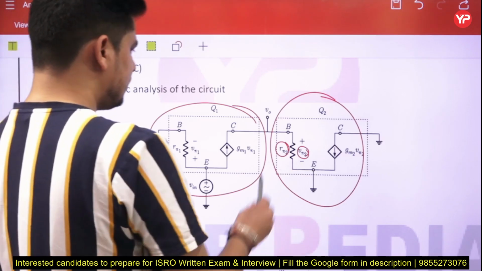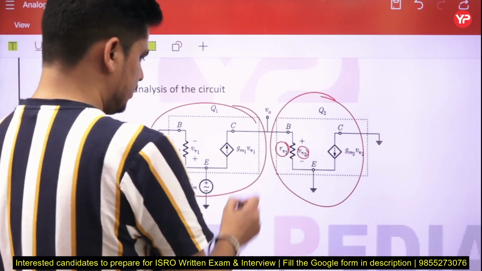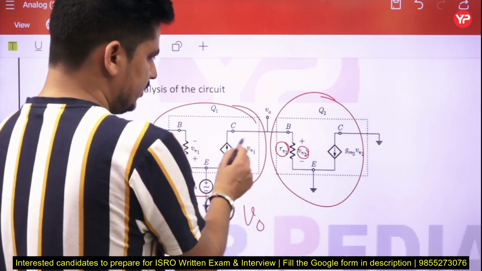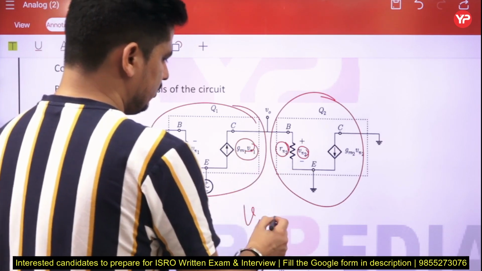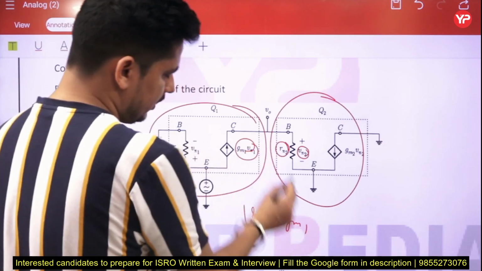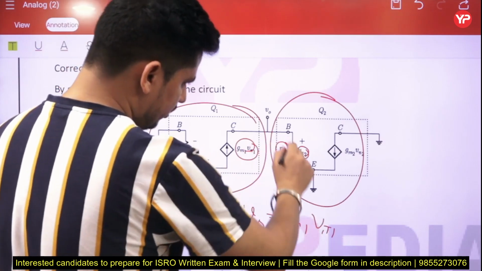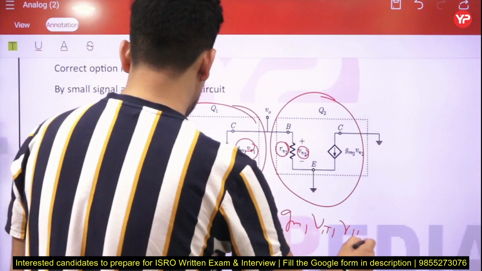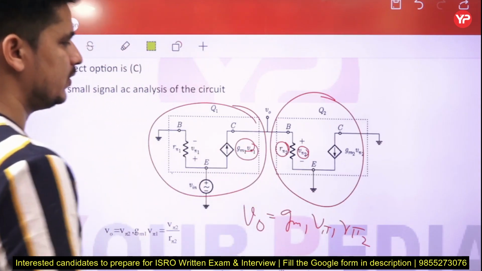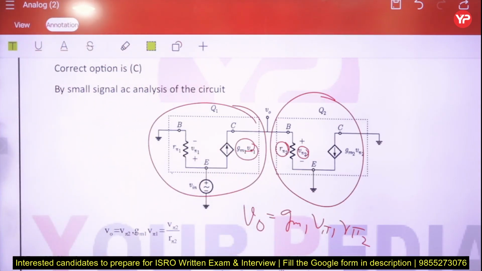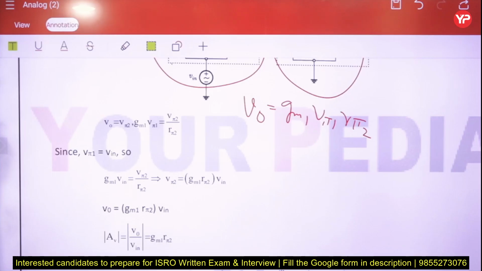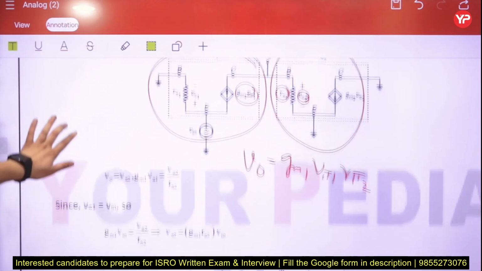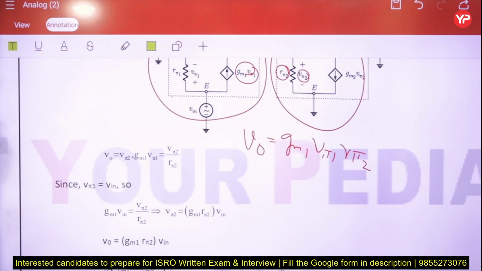This output voltage can be written as the current GM1 V pi 1 going through this resistance, that is R pi 2, right? We can say it like this. So this is your output voltage and input voltage, right? V pi 1 is equal to the input voltage, and we replace that value here.